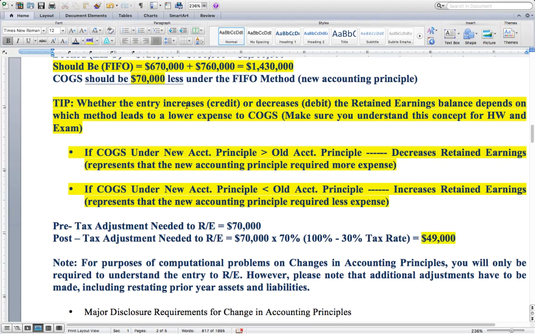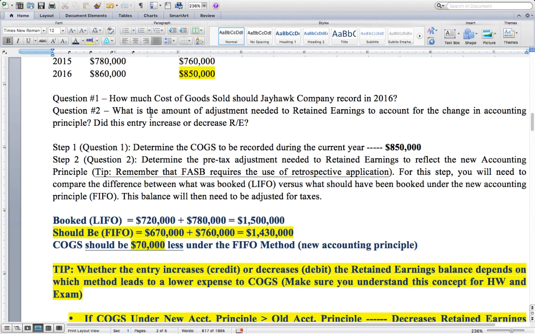This will be the computational part of this chapter with regards to change in accounting principle. If you can understand this setup, for most of your problems I'm not going to change it too much; it will probably be the LIFO and FIFO method. I'm not going to try to confuse you.